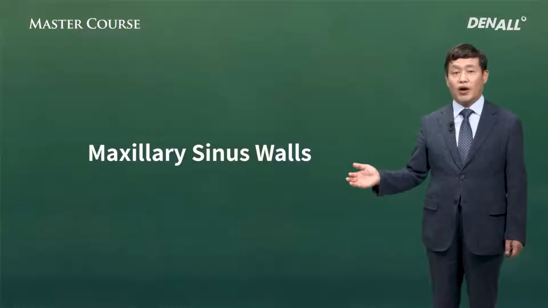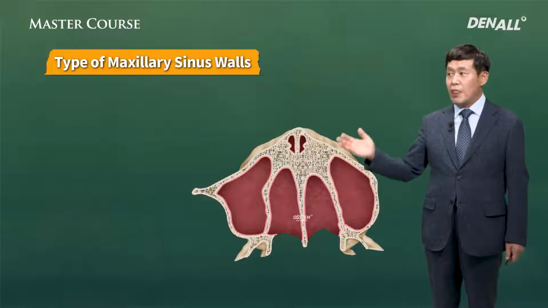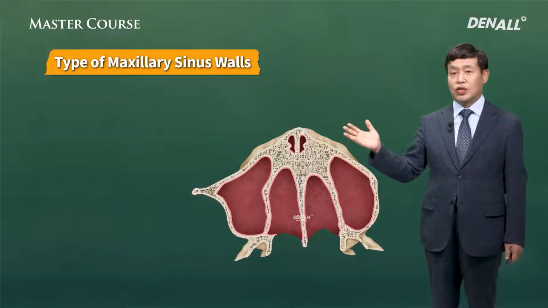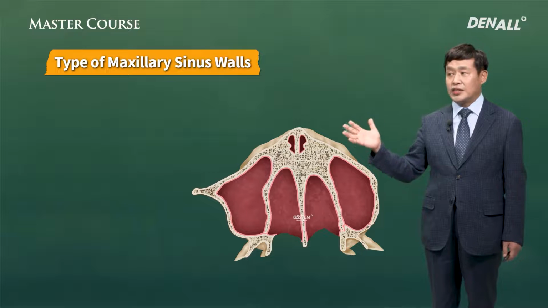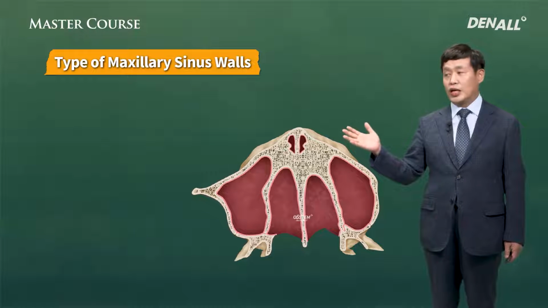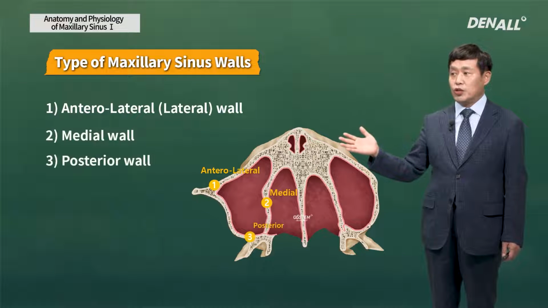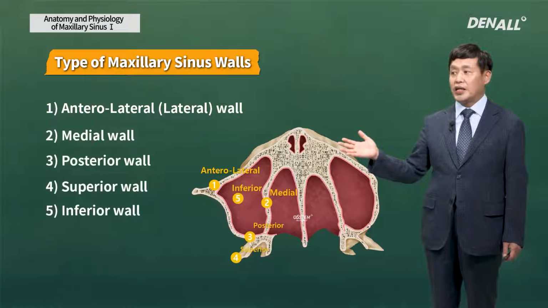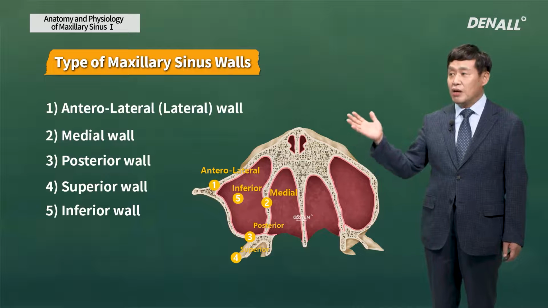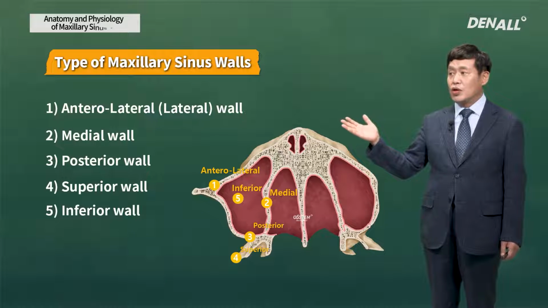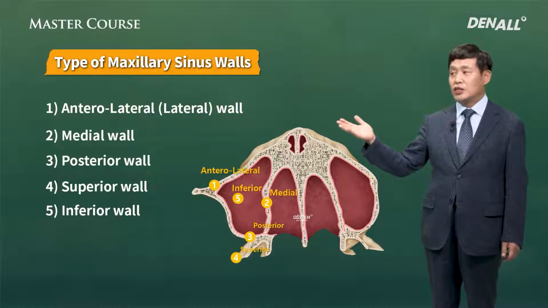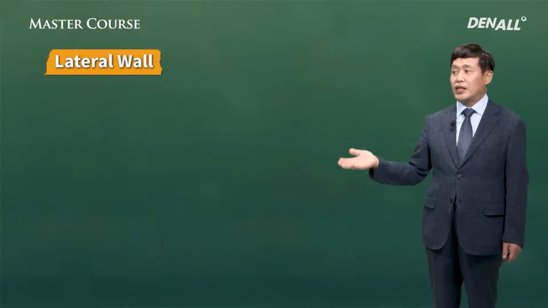Next, the maxillary sinus walls. As I said before, the maxillary sinus has a pyramid shape, and there are 5 walls: anterior lateral wall, medial wall, posterior, superior, and inferior walls. In general, the anterior lateral wall is on the distal side, so it is called the lateral wall.